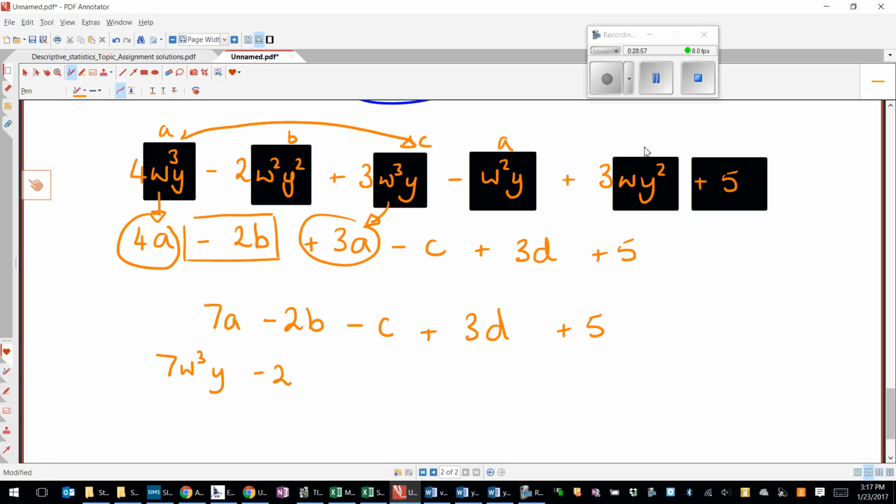This one's a C, this one's a D, this one's a 5. So minus 2b would be w squared y squared, minus C was the minus w squared y, plus 3w y squared, and then plus 5.